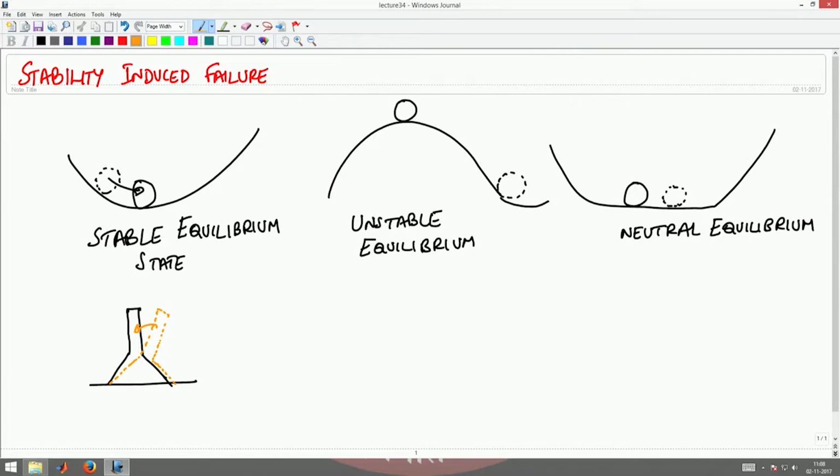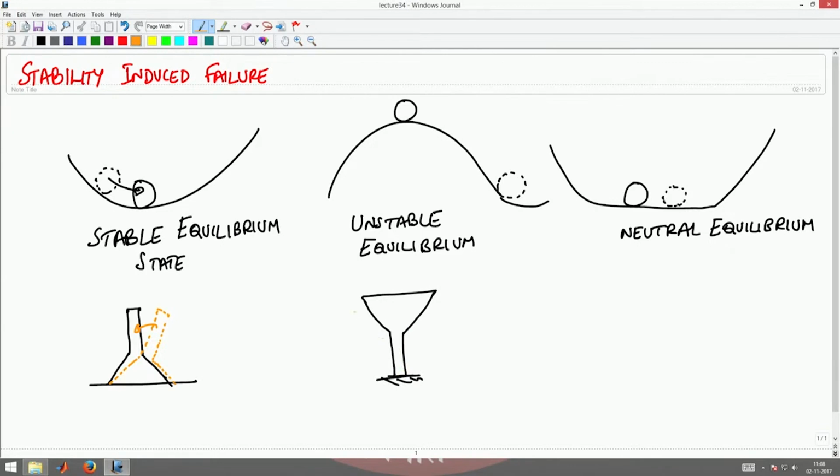On the other hand, if I have a funnel based on a strip like this, then if I tilt it, the CG of the funnel falls outside the base of the funnel.